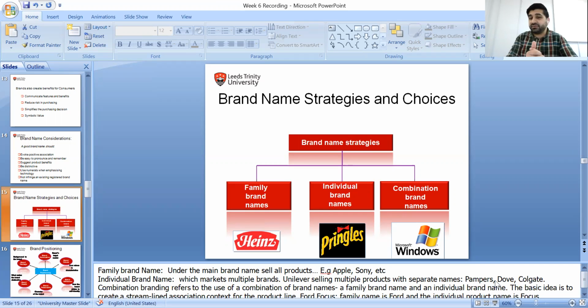The family name is Ford, however, the individual product name is Focus. Similarly, we can see here Microsoft Word. So these are examples of combination brand name. Whenever companies are trying to launch a new product, they have to identify under which strategy they are going to make a new brand name.